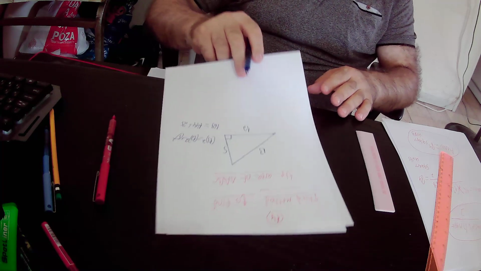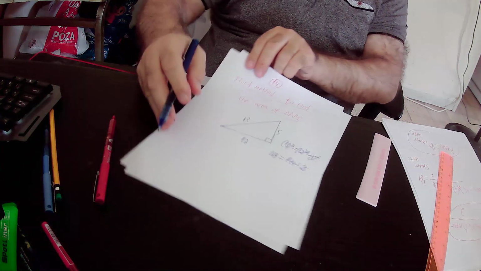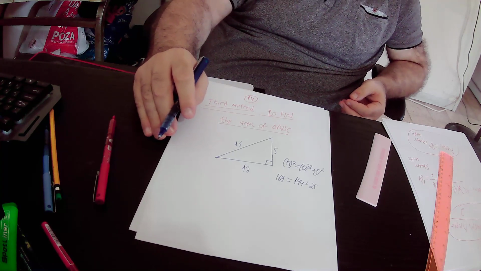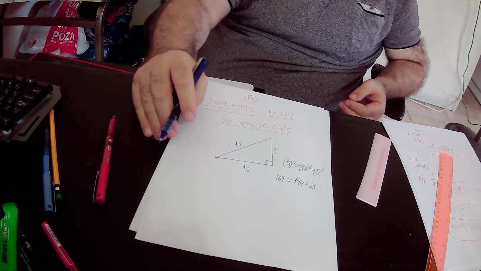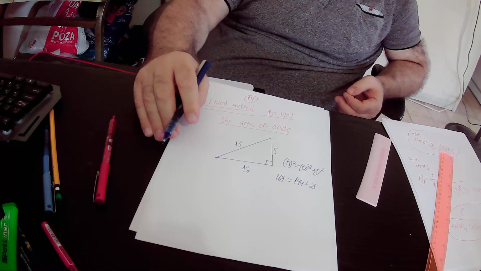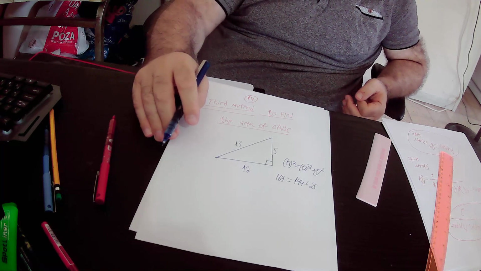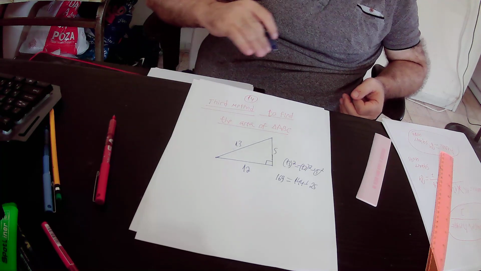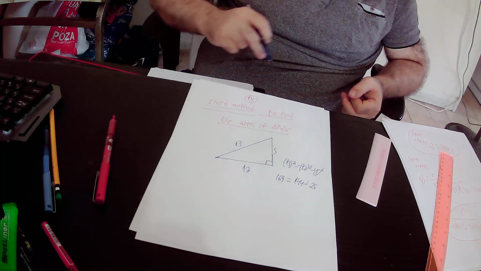So we got that 169 equals 144 plus 25, and 144 plus 25 is indeed 169. So this is a right triangle.